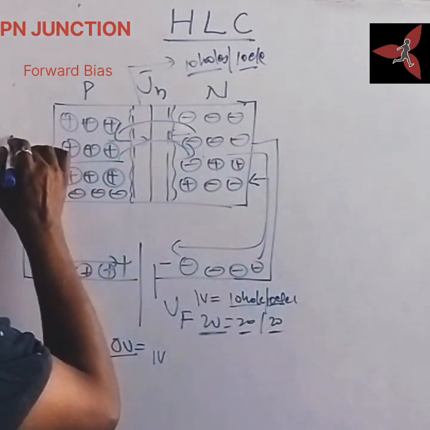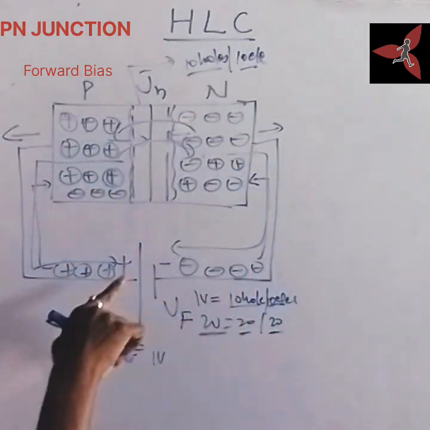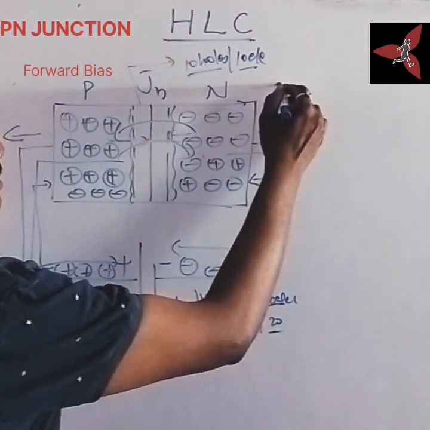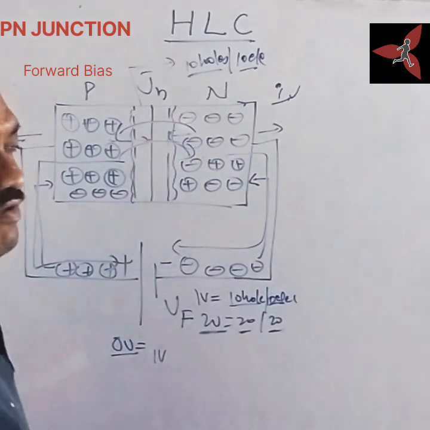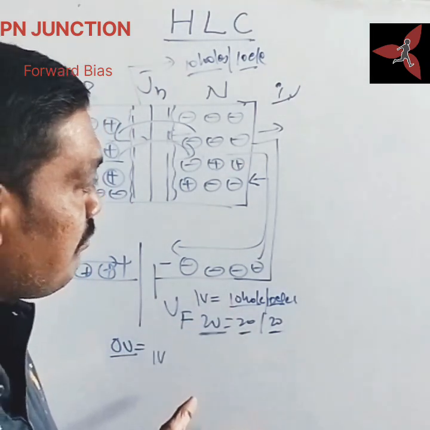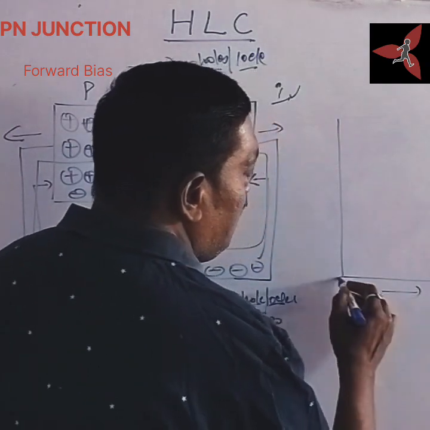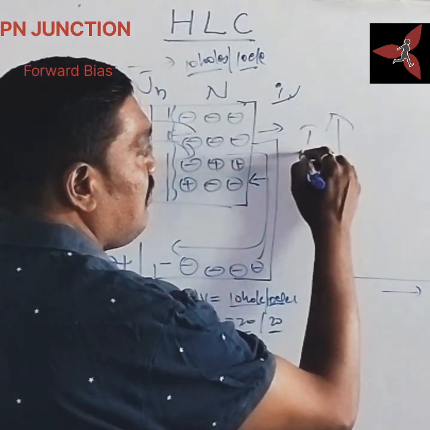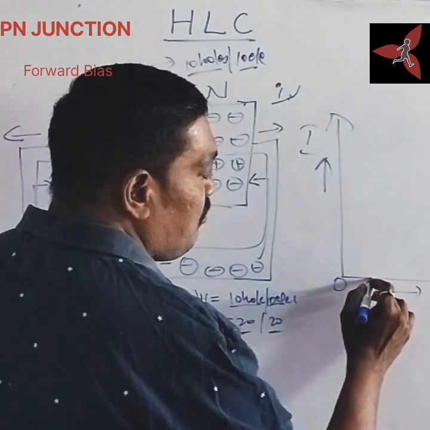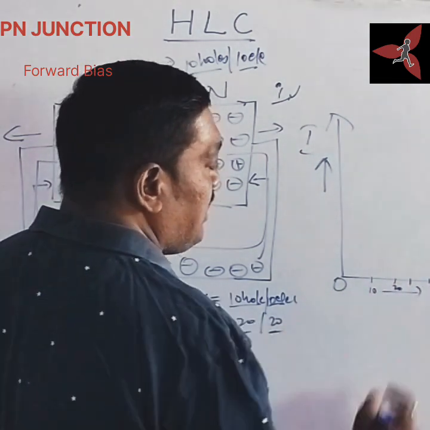So there is charge carrier movement towards the positive and negative terminals. Therefore a finite current I arises, so we can say there is conduction. Simply, we can draw a graph taking voltage on the x-axis and current on the y-axis. For 0 volts there is no conduction, for 1 volt there is no conduction, and from 2 volts there will be conduction.